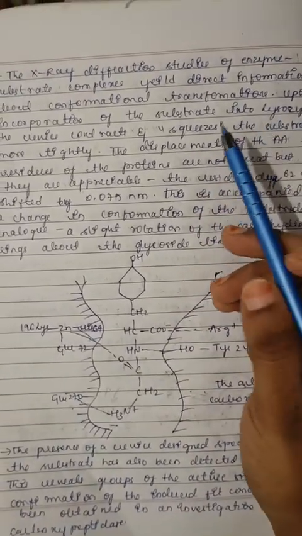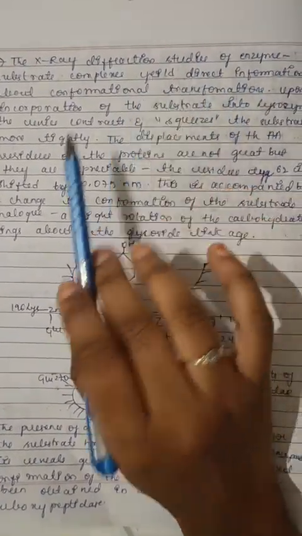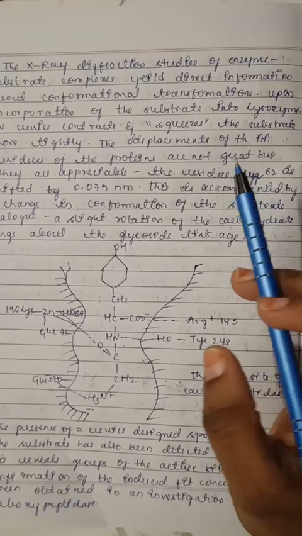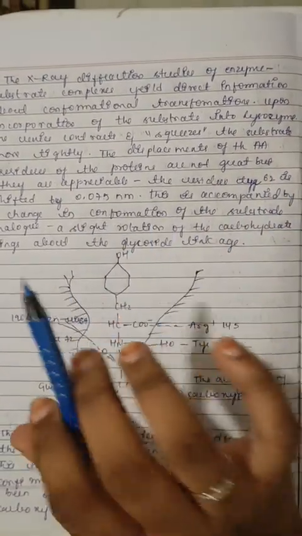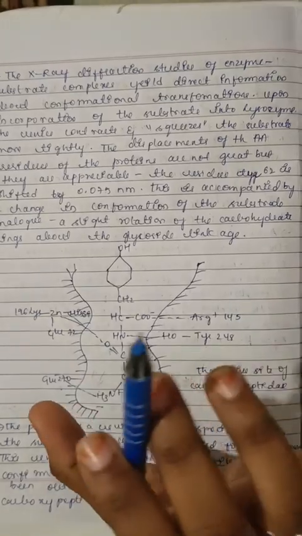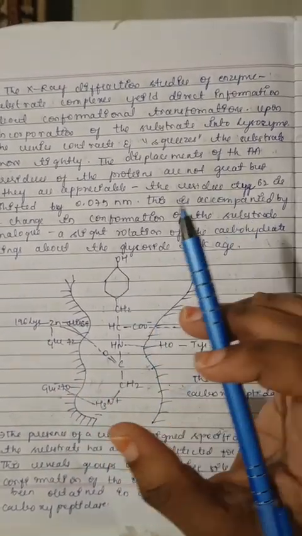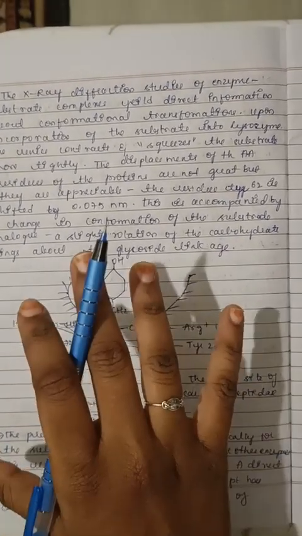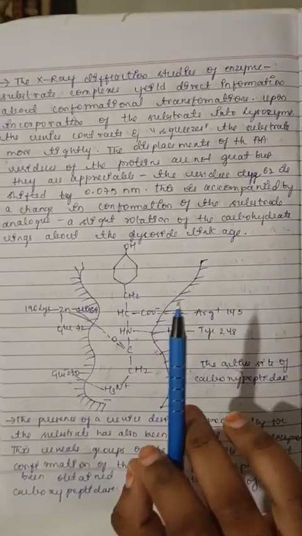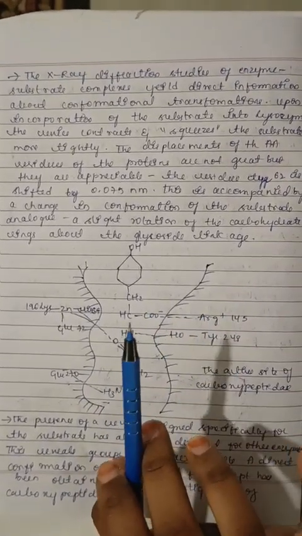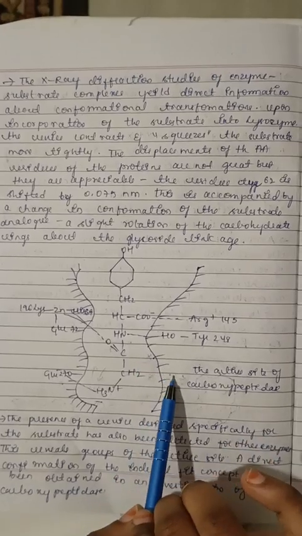The next is the X-ray diffraction studies of this enzyme-substrate complex, which yield direct information about conformational transformations upon incorporation of the substrate into the lysozyme. The crevice contracts and squeezes the substrate more tightly. The displacements of the amino acid residues of the protein are not great, but they are appreciable. The residue is shifted by 0.75 nanometers.